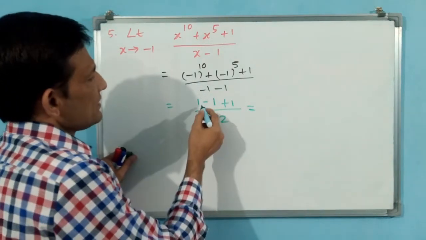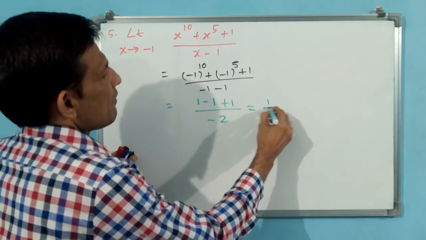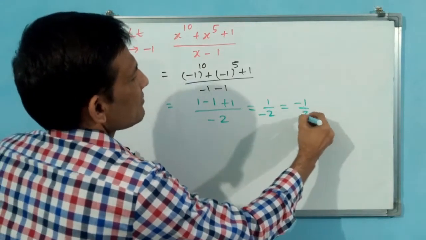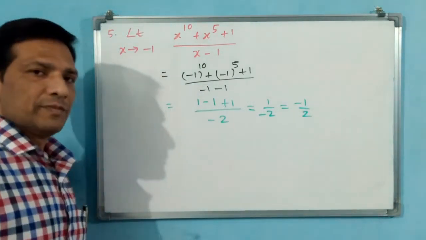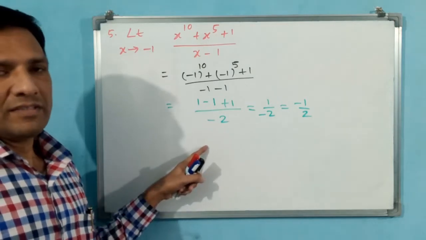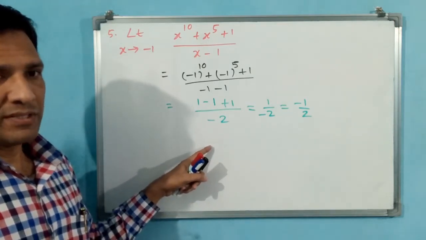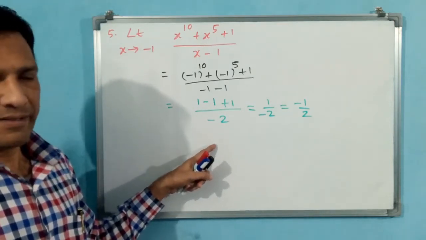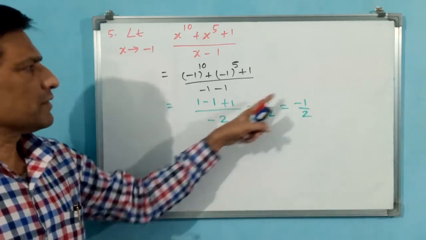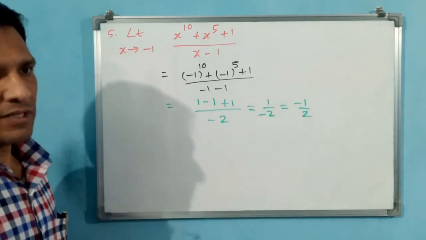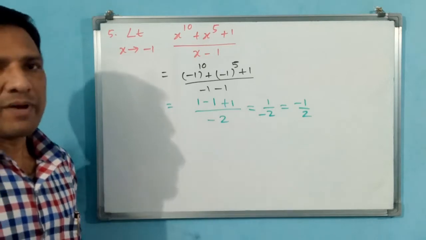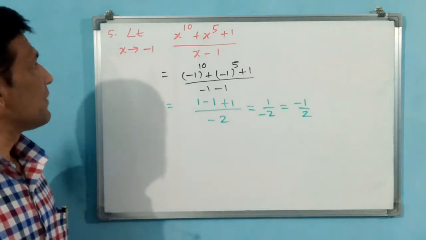What will be the answer? This minus 1 is going to get cancelled. 1 divided by minus 2, that is equal to minus 1 by 2. Understand? If the negative sign comes in the denominator, you transfer that sign to the numerator. Minus 1 by 2 you write. Don't keep it in the denominator only. That is good practice.